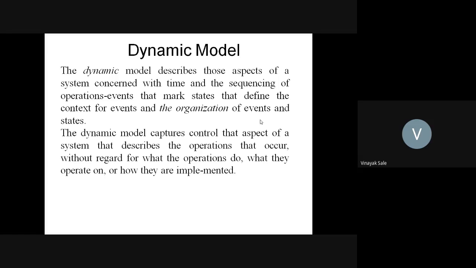The dynamic model captures the control aspects of a system, describing the operations that occur without regard for what the operations do, what they operate on, or how they are implemented.